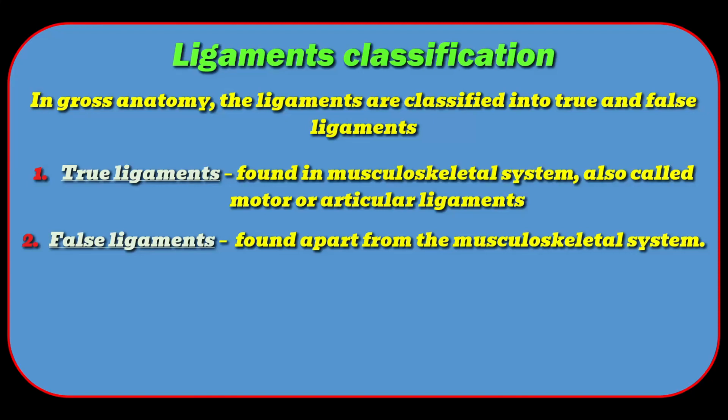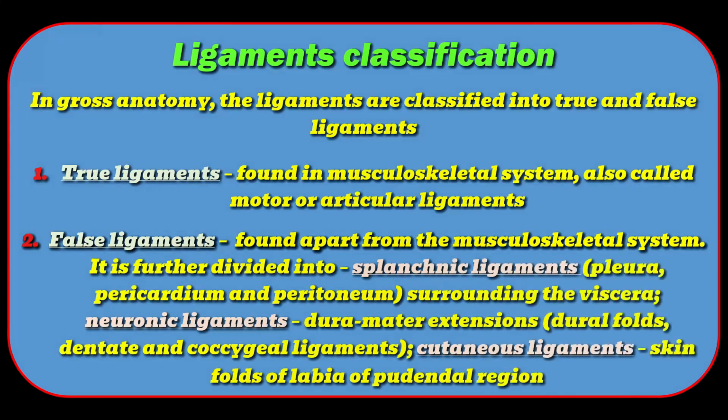They are further divided into number 1, splanchnic ligaments, which include the ligaments of pleura, pericardium, and peritoneum that surround the viscera. Number 2, neuronic ligaments, mostly duromotor extensions, which include dural folds, dentate and coccygeal ligaments. And 3 is cutaneous ligaments, found in the skin folds of labia of pudendal or genital region.